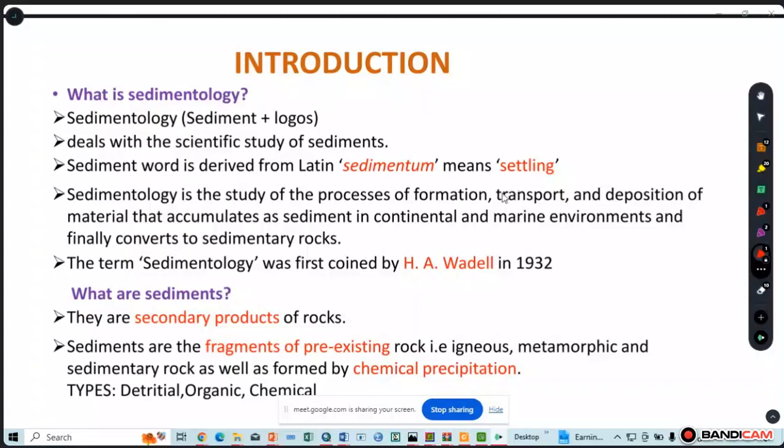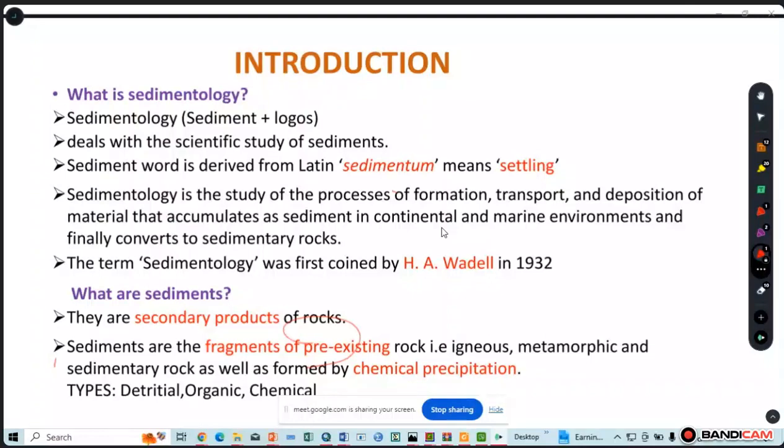As we come to the introduction of sedimentology, first we see what sedimentology is. Sedimentology means sediment plus logos. Suppose a large rock, after erosion, is converted into small fragments, which are known as sediments.